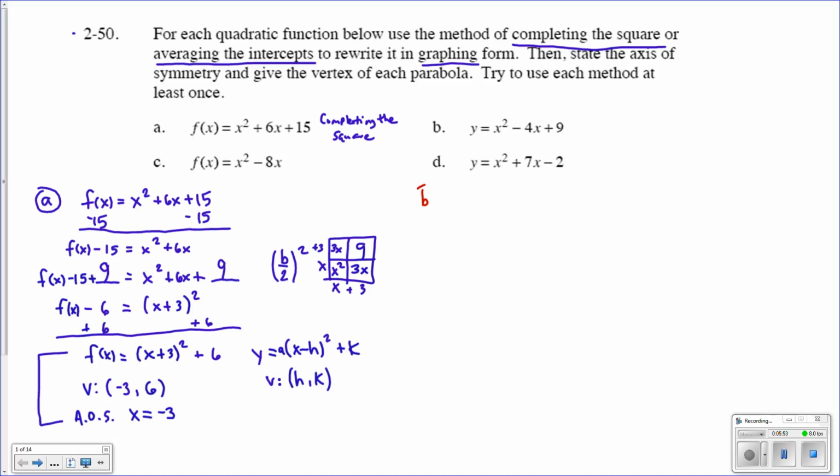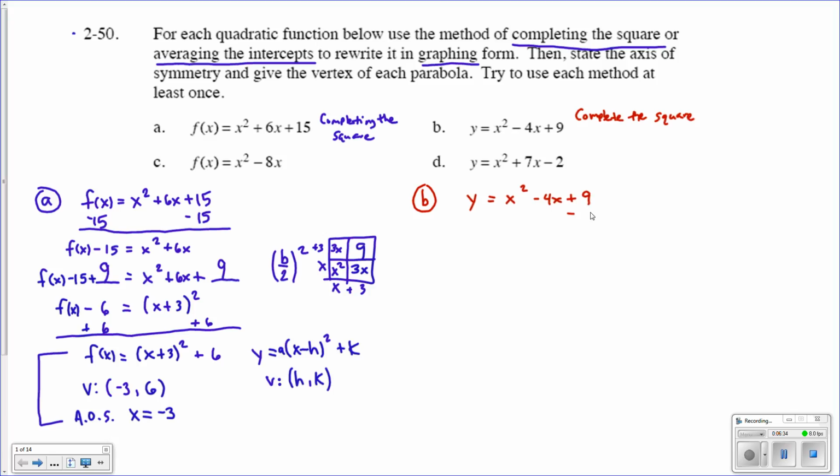Letter B. We have x squared minus 4x plus 9. With this one, if we look at it here, our factors of 9 are 9 and 1 and 3 and 3. Neither of those add to 4, so let's look to complete the square again. So let's recopy it. y equals x squared minus 4x plus 9.